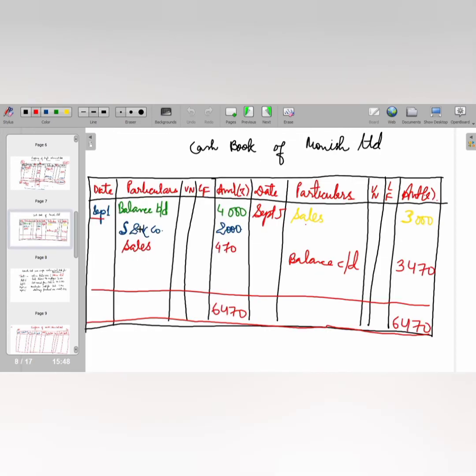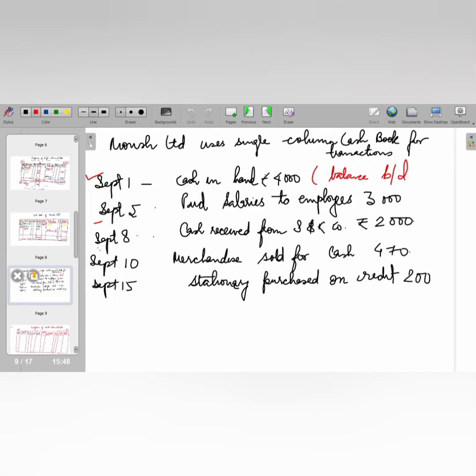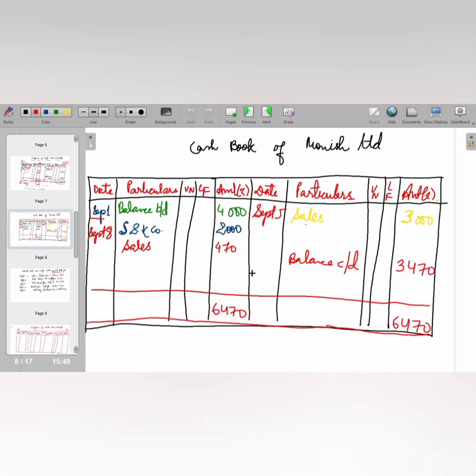We are receiving cash, so it will be recorded on the debit side. September 8, S&K company 2,000. Then next, merchandise sold for cash 470 rupees. We are selling, we are receiving the money. September 10, sales 470.